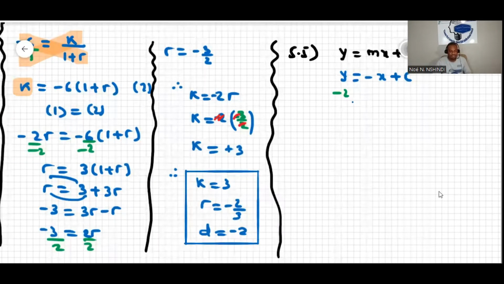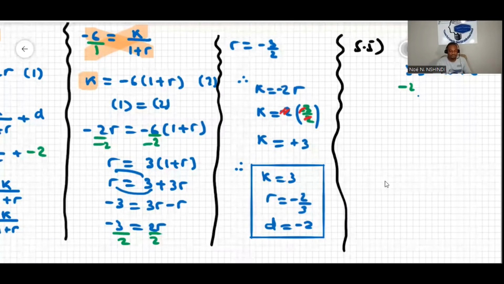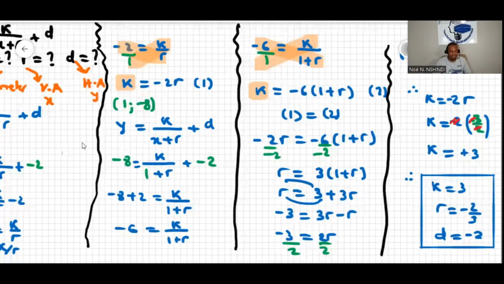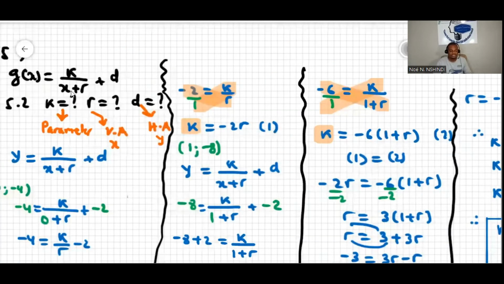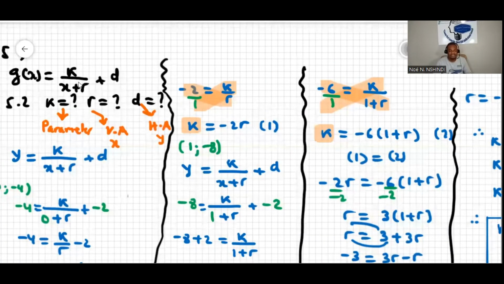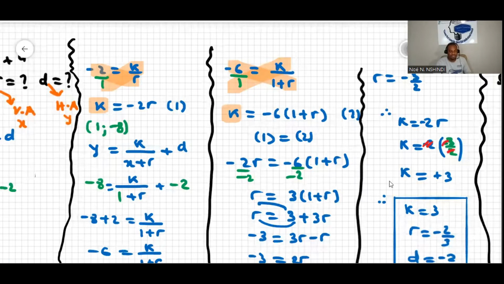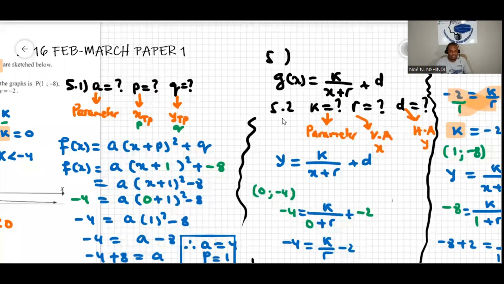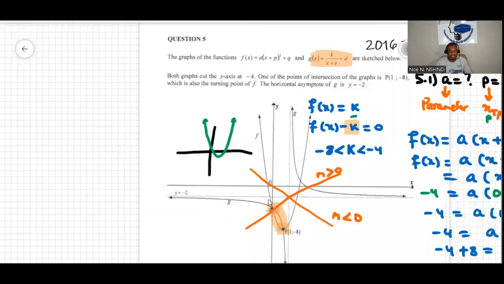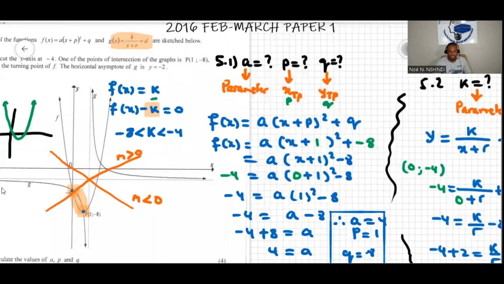It's -2/3 from the equation. Let's go back. g of x was expressed by k over x plus r. R here is the vertical asymptote, and we found that R was equal to -2/3. The other, y, is -2, the horizontal asymptote.